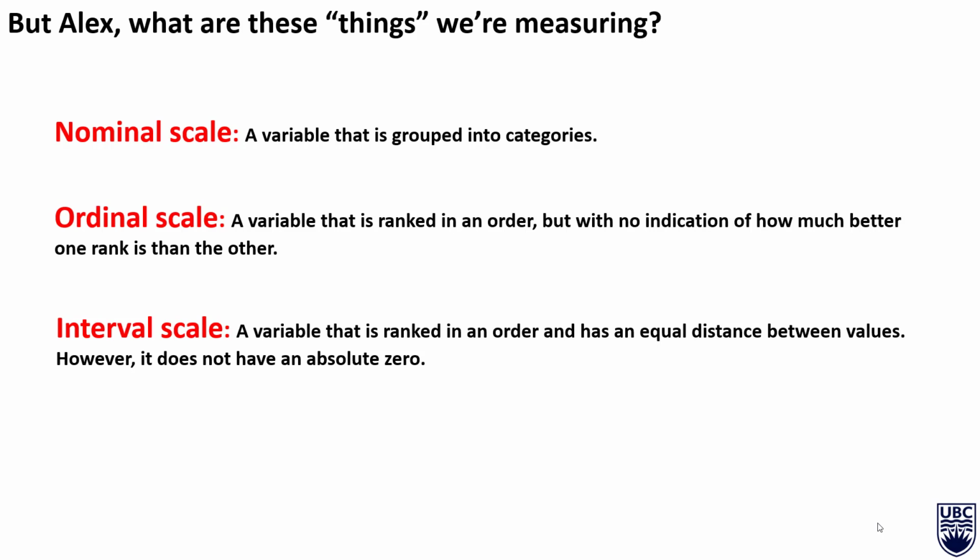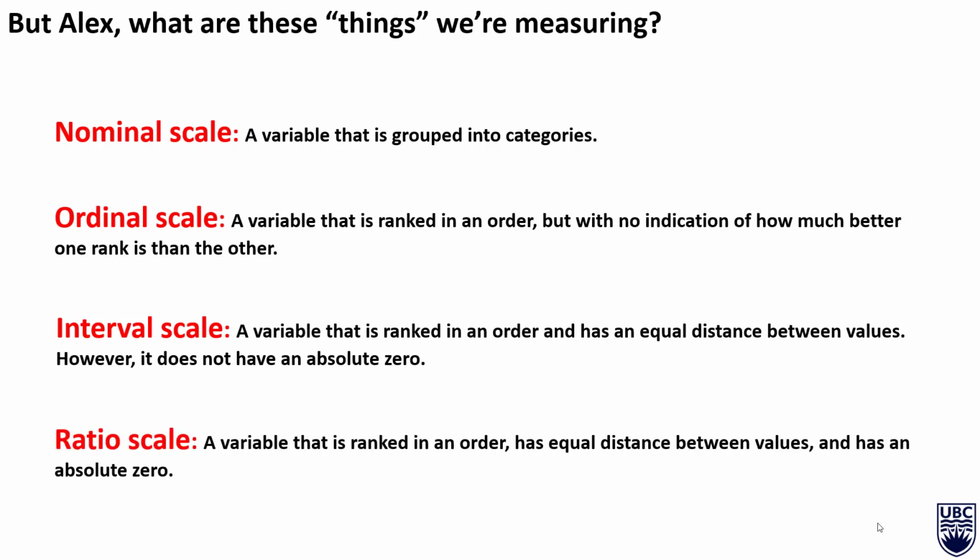However, with our example of temperature, it doesn't have an absolute 0, right? So if you take the value of 0 degrees, it doesn't actually mean that there's no temperature, right? There's still a temperature. If we go below 0 degrees, we still have temperature. It's just in the negative realm. So that's the difference between interval scale and ratio scale.